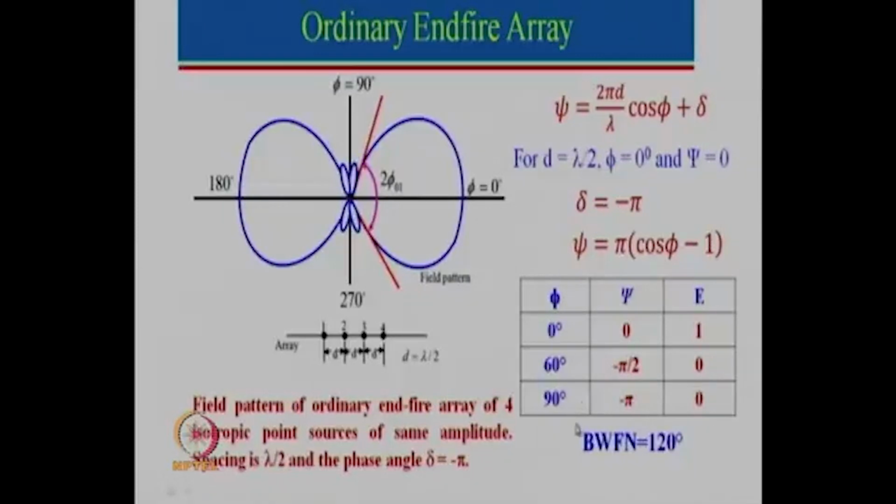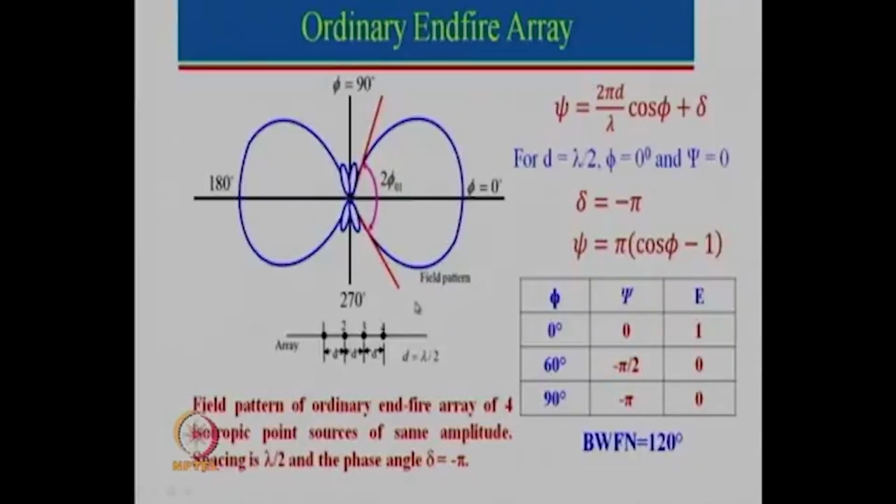And when phi equal to 90, cos 90 will be 0 minus 1, so that will be minus pi and again 0. So, we can now do the plot the same way. Along phi equal to 0, this is maximum, and as phi increases, it goes to 0 value, in between it increases and again comes back to 0 value.